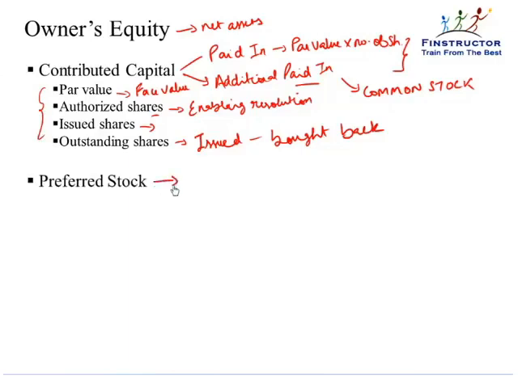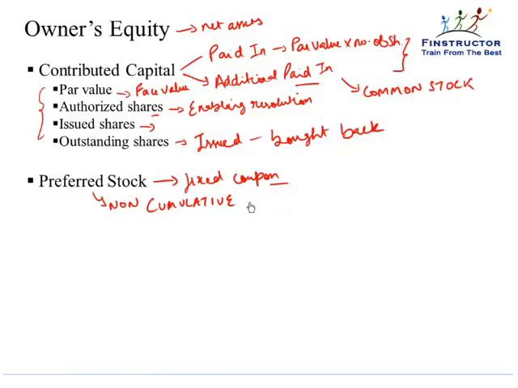Preferred stock is somewhere in between common equity and debt. That is, it is guaranteed a fixed coupon, but it is junior to debt and senior to equity. That is, in the event of a bankruptcy, first the debt gets paid and then the preferred stock. Please note that the preferred stock that is shown as a part of equity is normally the non-cumulative preferred stock. Non-cumulative implies that if in one particular year the company misses the coupon payment because it did not generate enough cash flows or enough surplus, then the claim is forfeited.